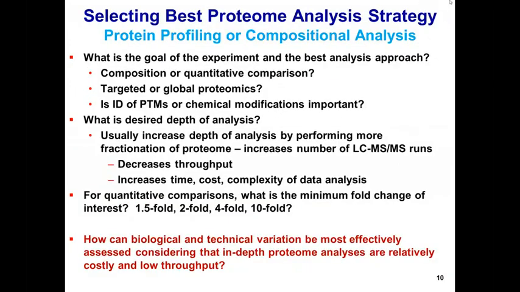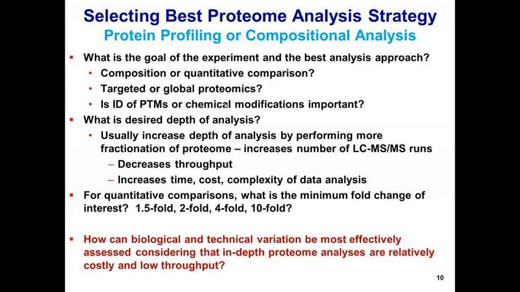So, selecting the best proteome analysis strategy for protein profiling or compositional analysis, keeping in mind that the only difference between these two is for compositional analysis, I don't need to worry about quantitative issues because I'm not comparing two or more samples. Key question is, what is the goal of the experiment? What's the best approach? Am I going to look at targeted or global proteomics?